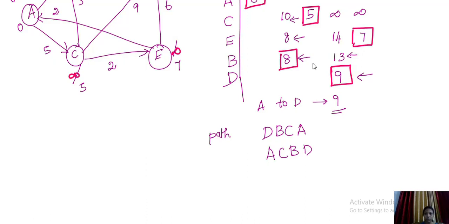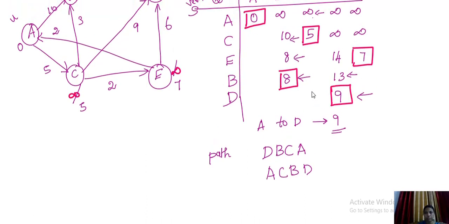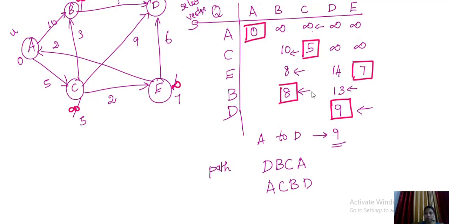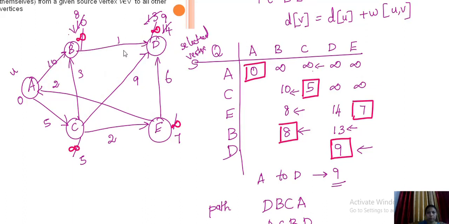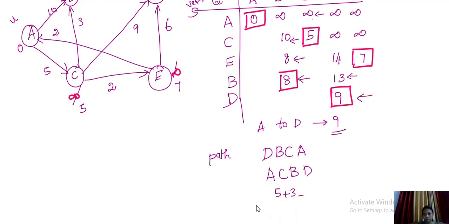If I want to move from A to C, from this table we can see the distance is 5, and then from C to B the distance is 3, so 5 plus 3, and then from B to D the cost is 1, so plus 1. So if you add all these things, we will be getting the answer as 9.